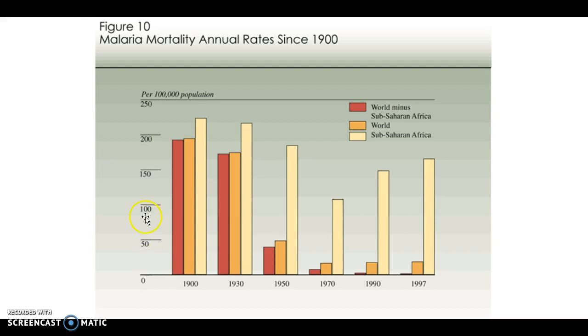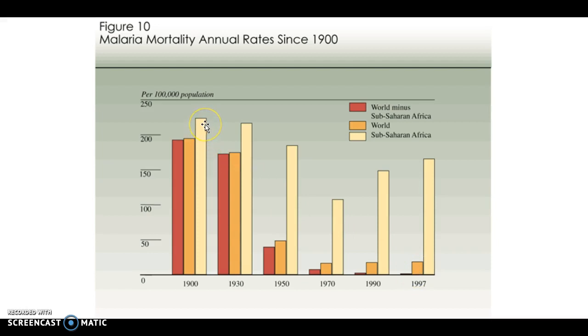So if we look for the world besides sub-Saharan Africa, the red, we can see that over the 100 years, there was a lot of malaria, but now there practically isn't any. Actually, since about 1970, there isn't much. We also see that in general in the world, it's gone down a lot.